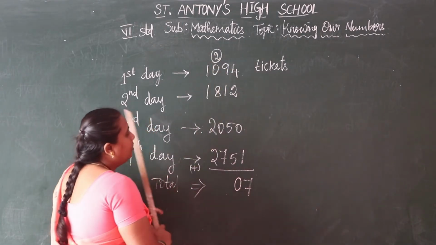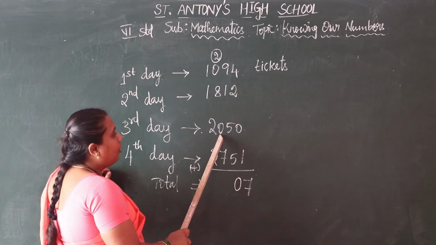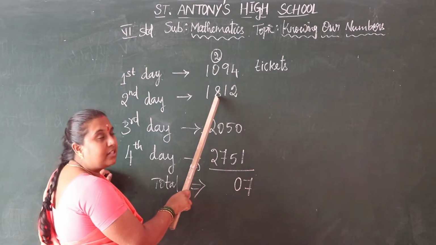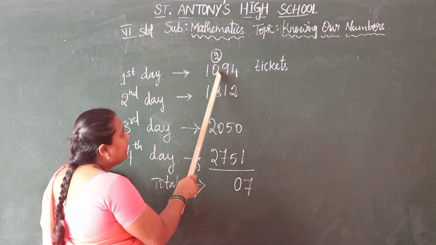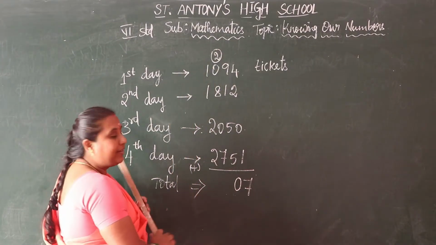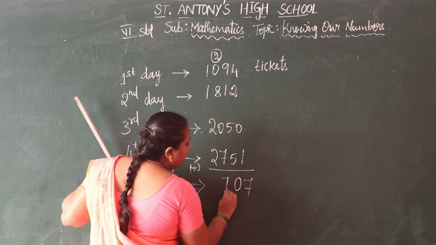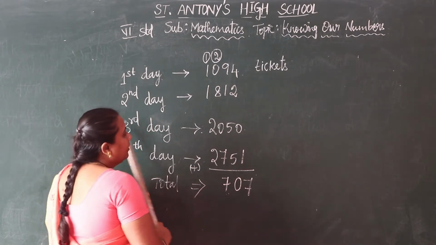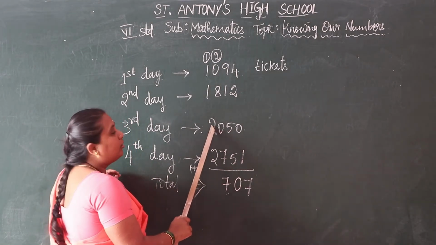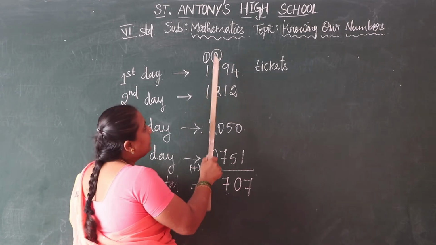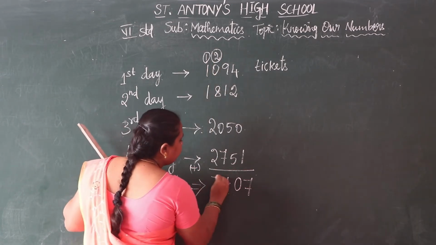Next, 7 plus 0, 7, 7 plus 8, 15, 15 plus 0, 15, 15 plus 2, 17. For 17 we write 7 here and 1 is carrying here. Then 2 plus 2, 4, 4 plus 1, 5, 5 plus 1, 6, 6 plus 1, 7.